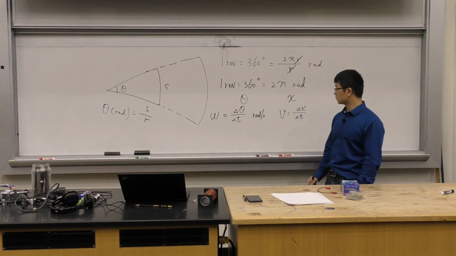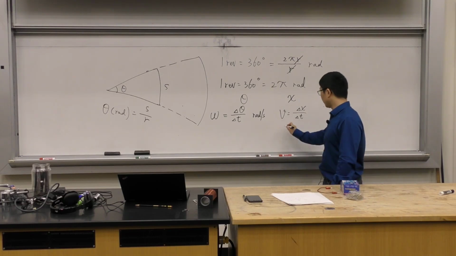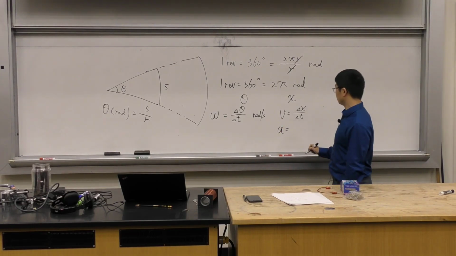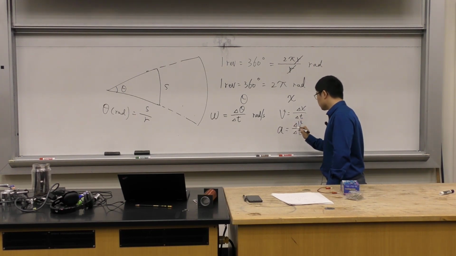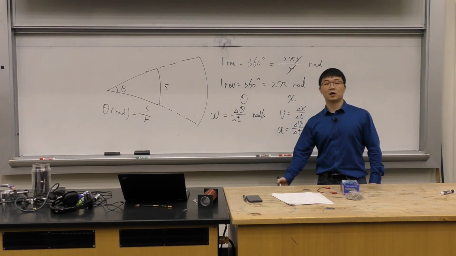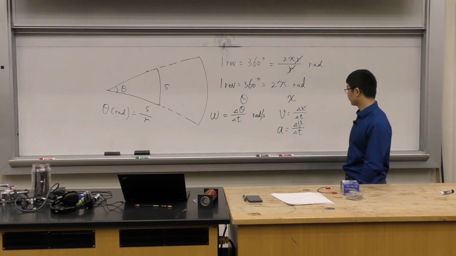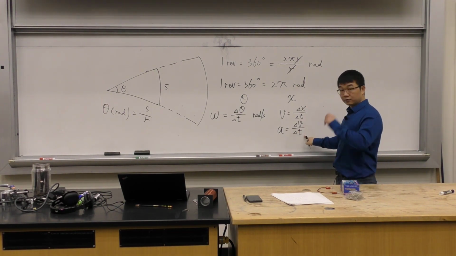Now, we also define something called acceleration in linear motion, because sometimes we want to know how the velocity is changing. Something is accelerating, getting faster and faster, and I want to know the rate. So this is defined as changing velocity divided by changing time.